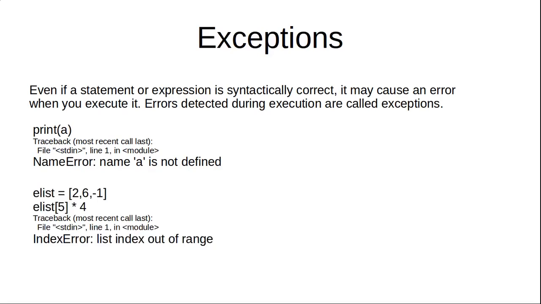Or if you want to multiply 4 times fifth element of a list, but your list does not have the fifth element, raises an index error and prints list index out of range.